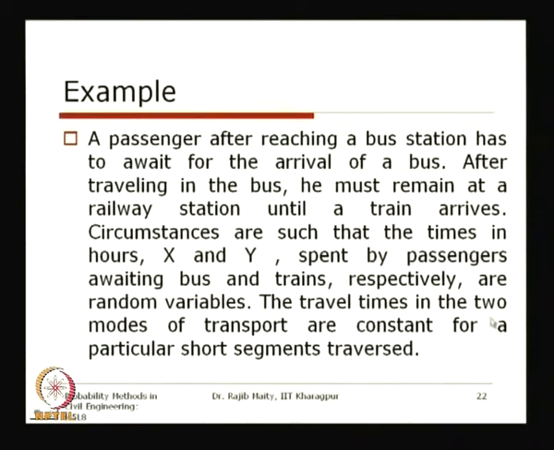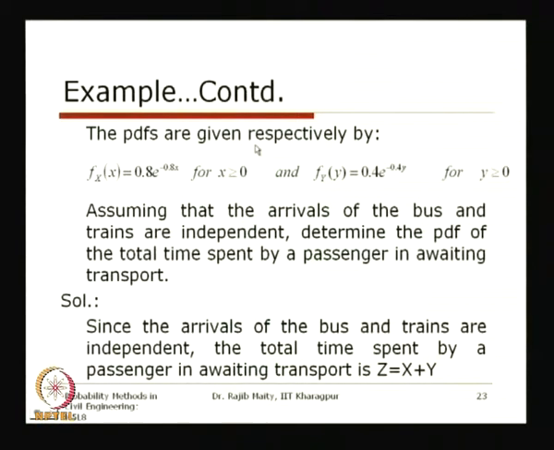The travel times in the two modes of transport are constant for a particular short segment traversed, and the PDFs of both random variables x and y are given by the exponential distribution, which is 0.8 exponential minus 0.8x for x greater than or equal to 0. So here lambda is equal to 0.8. The mean waiting time for the first mode of transport, the bus, is 1 by 0.8.